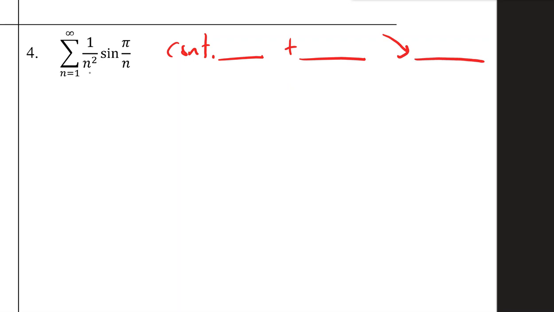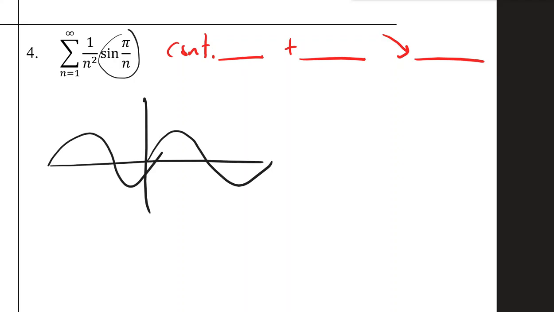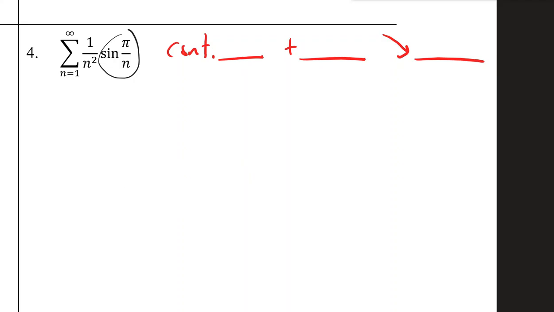So I can see, well, first off, sine's never discontinuous. If you remember the sine graph, sine always exists, so I'm not worried about that. But 1 over n squared could be undefined if n was 0, but notice we're starting at n equals 1. So it's always continuous. If I plug in any n value in here, starting at 1, this is always positive.